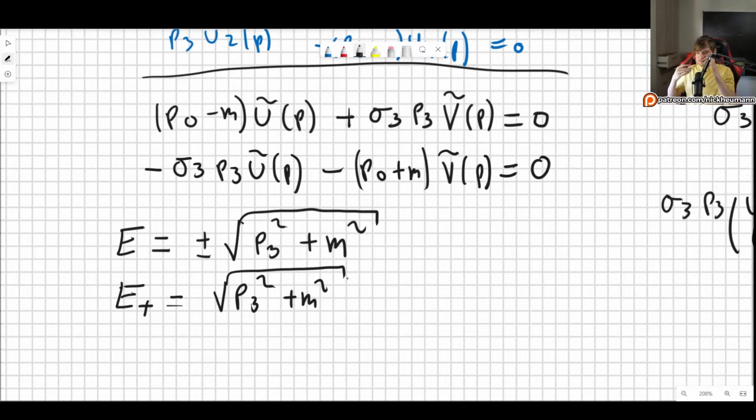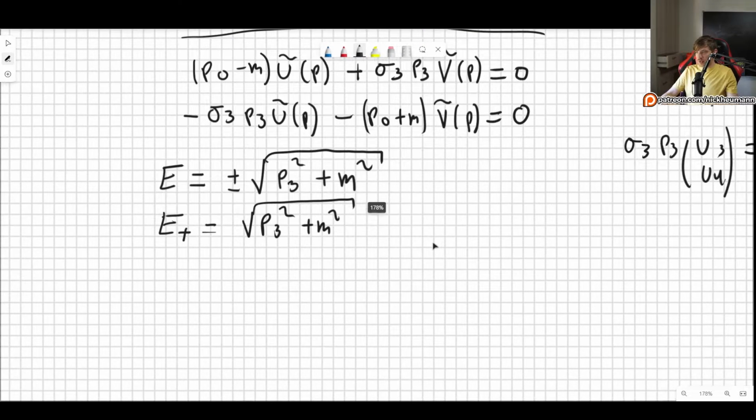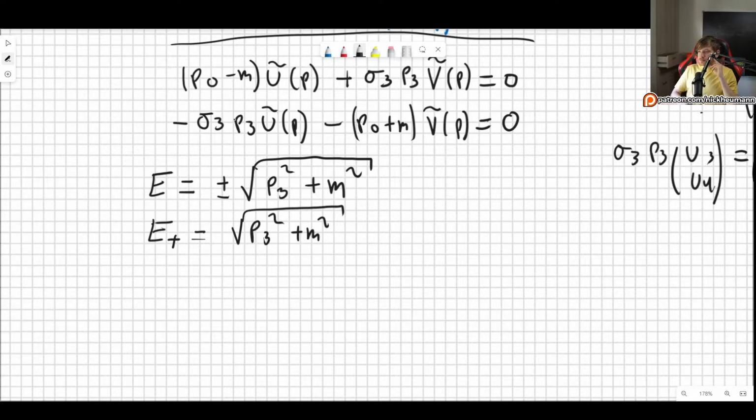Of course, we are going to go to the other case once we are done with this, so don't worry, you can start with whichever one you want. And now let's go to these equations and solve for either u of p or v of p and just see what happens. Now, it doesn't really matter which equation you solve from. It does matter if you solve for u or v.